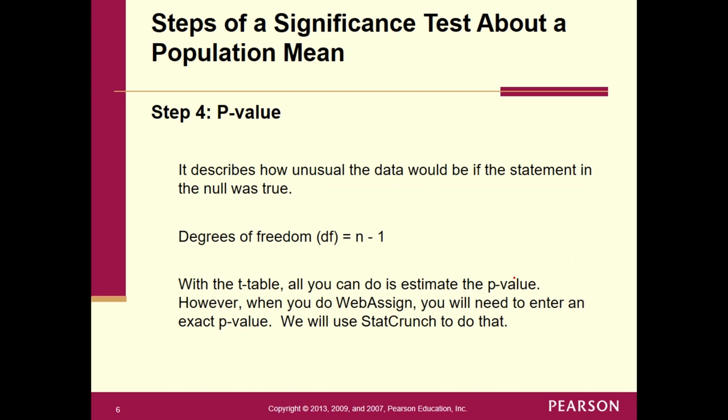However, when you do your homework in WebAssign, you will need to enter an exact p-value. And so how are we going to do that? We're going to use StatCrunch to do that. So for homework, we're going to use StatCrunch to figure out our p-value.